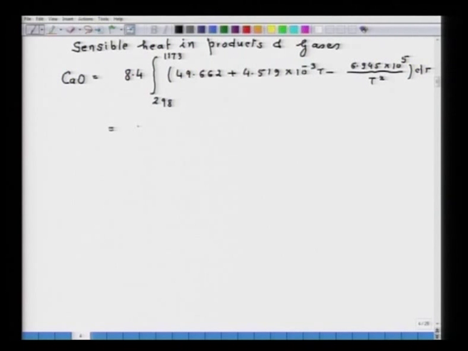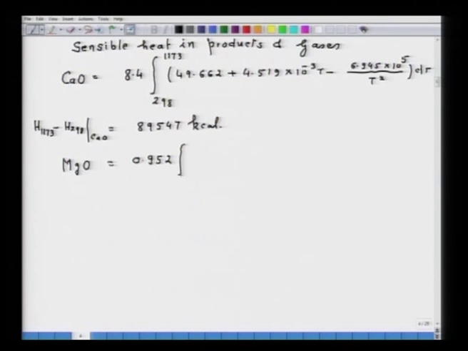So, if you do that, the heat content in calcium oxide will be equal to 89547 kilocalorie. Or write it as H 1173 minus H 298 in calcium oxide. That is the value. Similarly, I can find out for MgO, that will be equal to 0.952.